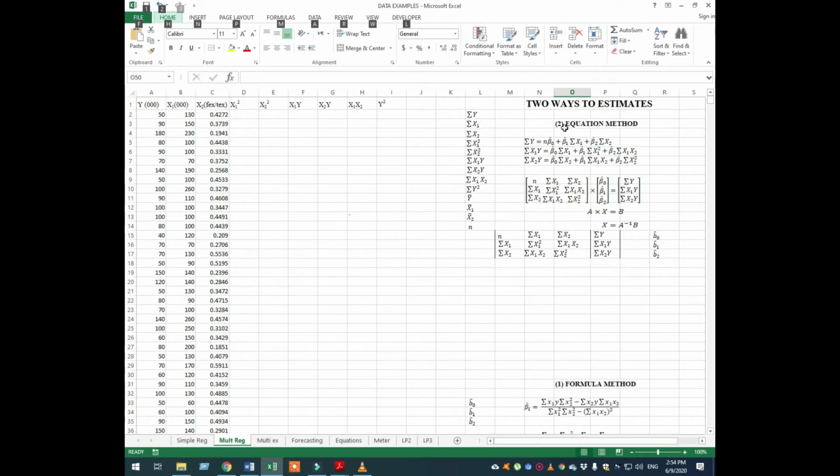So first of all I would like to estimate this by the equation method. You know that in lecture 4 we derived these normal equations from the normal system. We have three equations, and these three equations come out of the ordinary least squares process, so any estimates we make from this process are called OLS estimators.